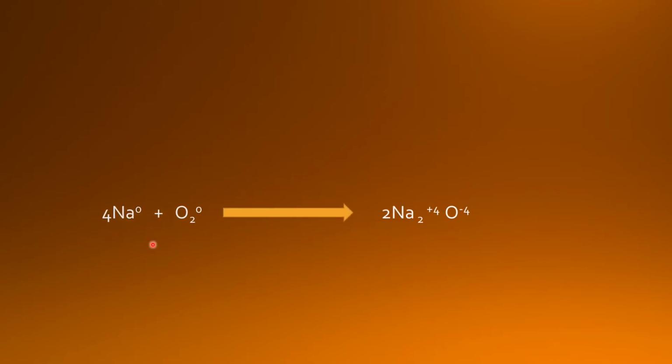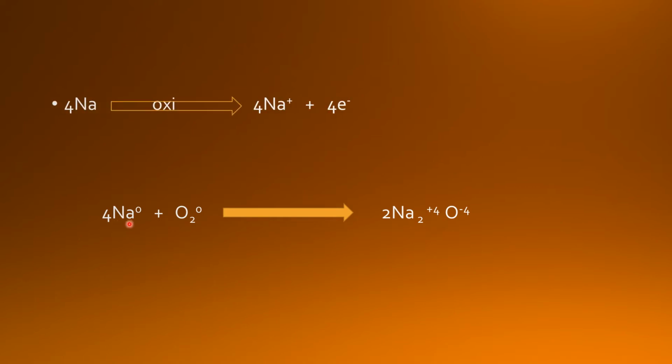And here is another example of a redox reaction, the reaction between sodium and oxygen. Sodium and oxygen combine together to produce sodium oxide, and this disodium oxide is formed. And how does this reaction take place?